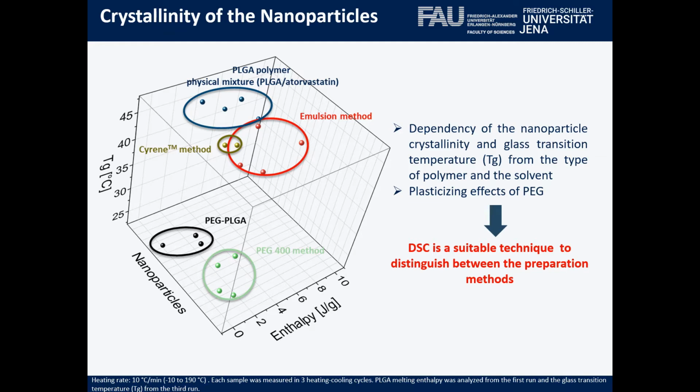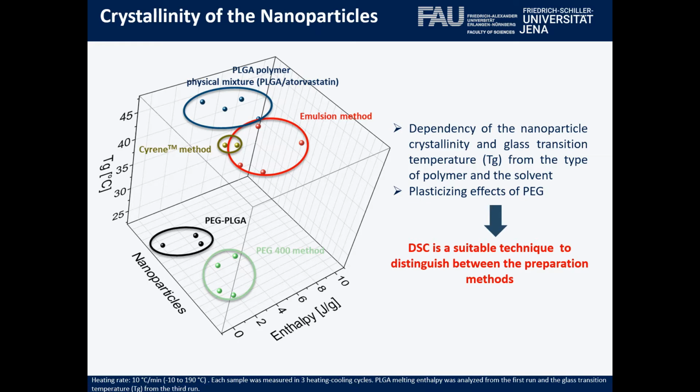When we then use another polymer, the PEG-PLGA, where PEG is covalently bound to the PLGA, then we see the same strong decrease of the glass transition temperature and the enthalpy. And therefore, we can say that the nanoparticle crystallinity and glass transition temperature is dependent on the type of the polymer and on the type of the solvent.